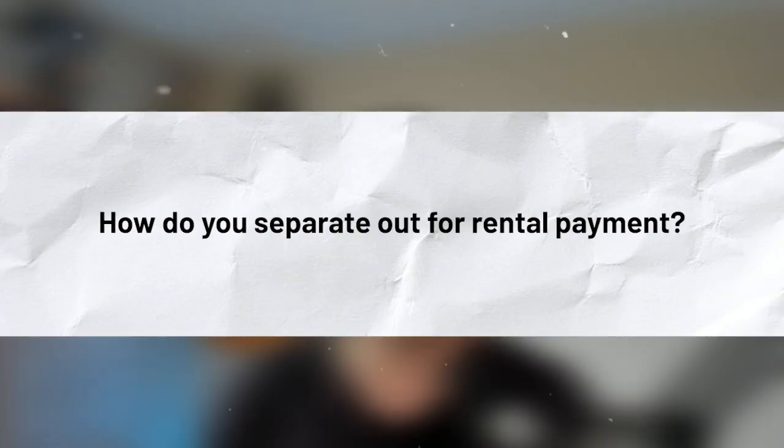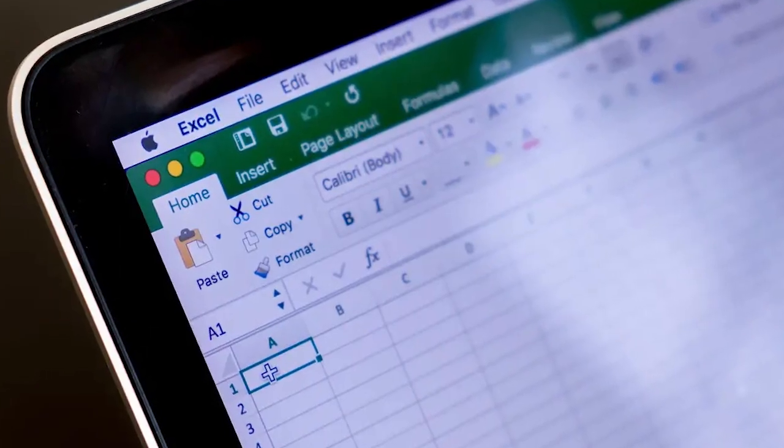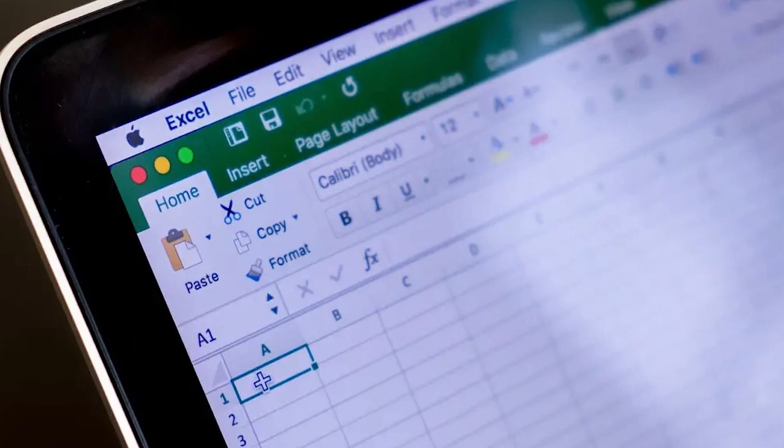Another question that is asked is, how do you even separate these out? And this is more of a logistical question. If you're wanting a better way of transferring funds, I always recommend talking to a CPA, but typically they're going to get lumped into the same account for the most part. You can then use an Excel sheet to break these costs down, or every month figure out how much you're saving towards each of them.